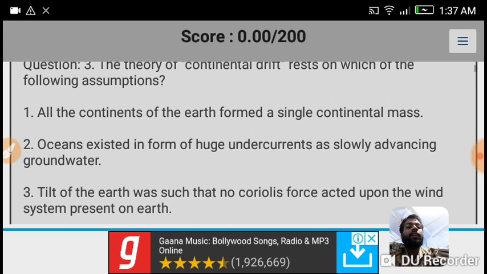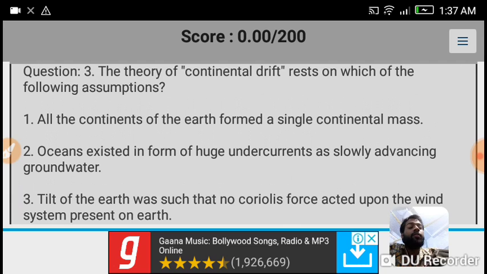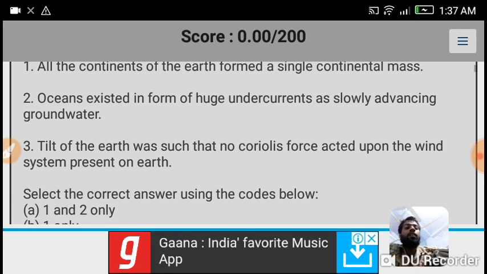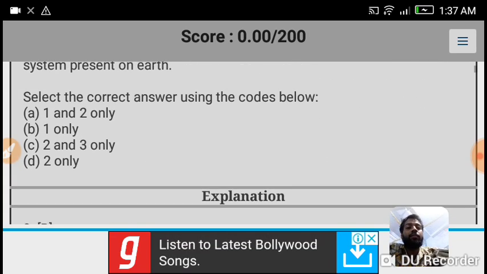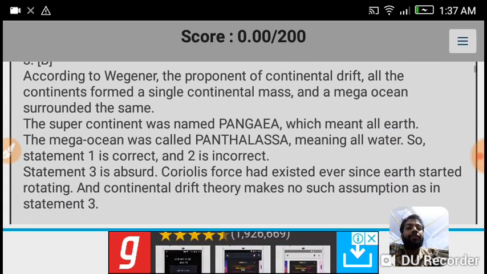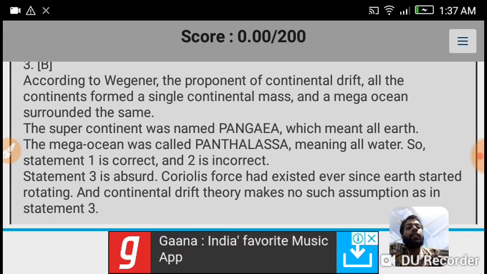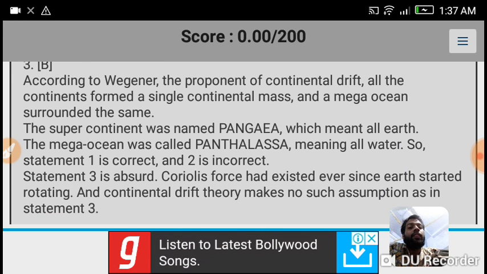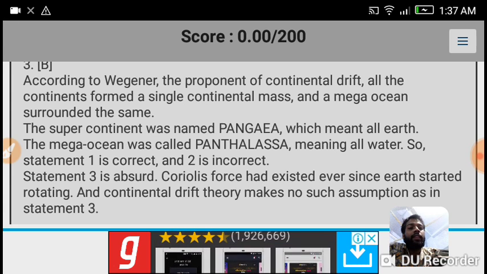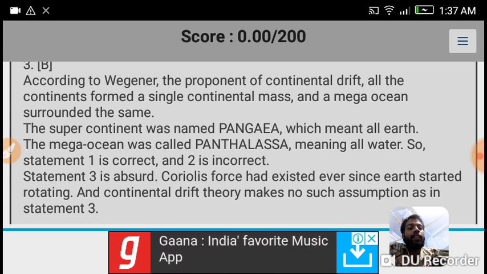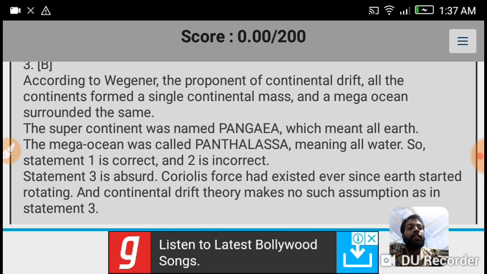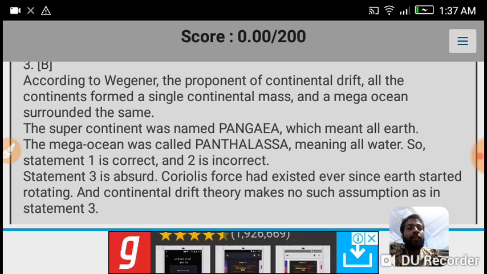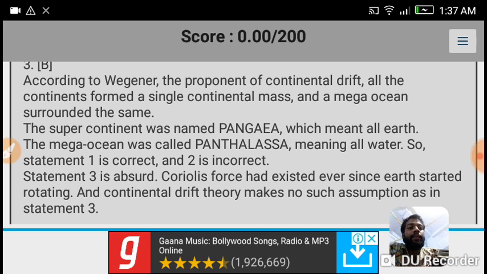So the continental drift theory is related to all the continents of the earth forming a single continental mass. So only 1 is correct. According to Wegener, the proponent of continental drift, all the continents formed a single continental mass and a mega ocean surrounded it.